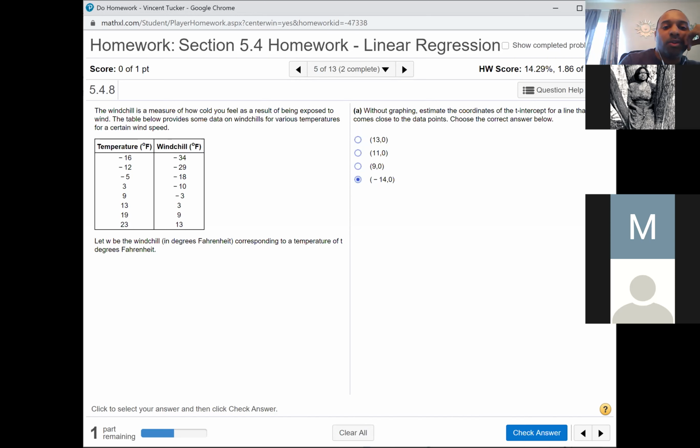So in between those two values is when that right coordinate would be 0. So if you go to the left, that would be in between 9 and 13. Everybody see that? Make sure we're okay. So what value is in between 9 and 13? That would be 11. So 11, 0 would be that coordinate.